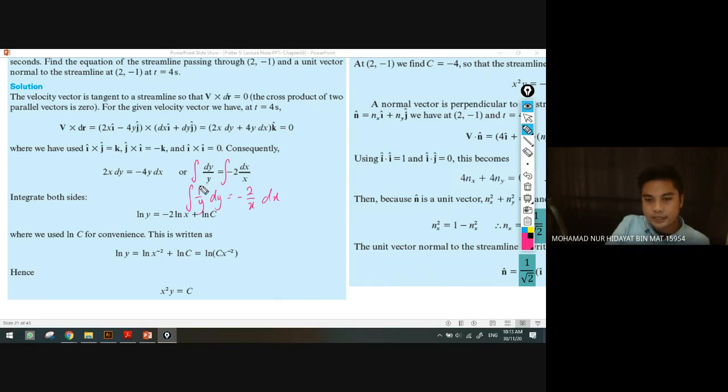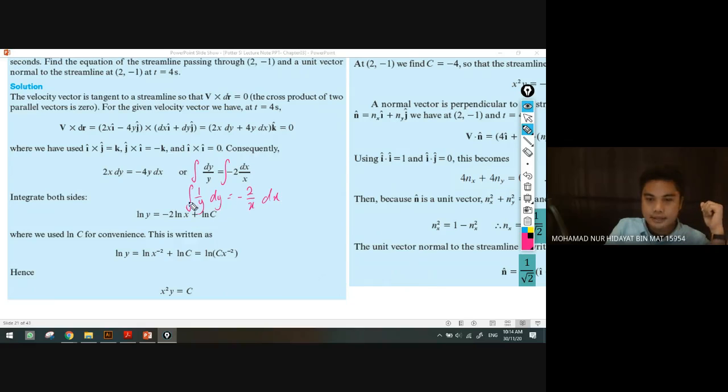So you integrate 1 over y, definitely you will get ln y. Integration of 1 over y, anything 1 over something, you will get ln. Alright? You integrate 1 over x here, you will get ln x.